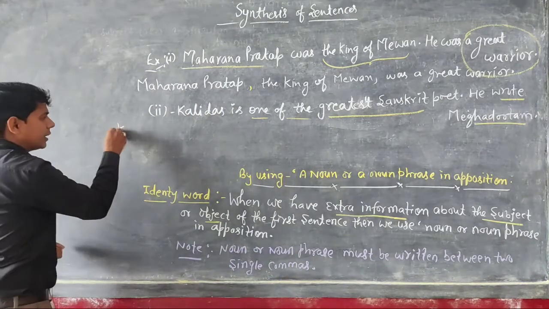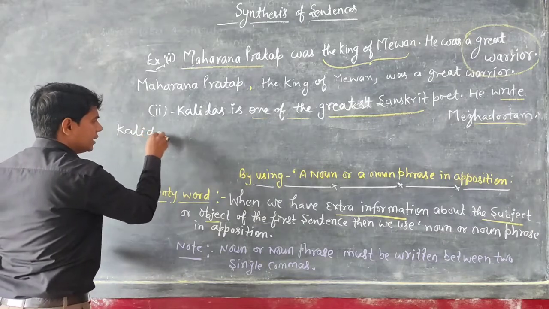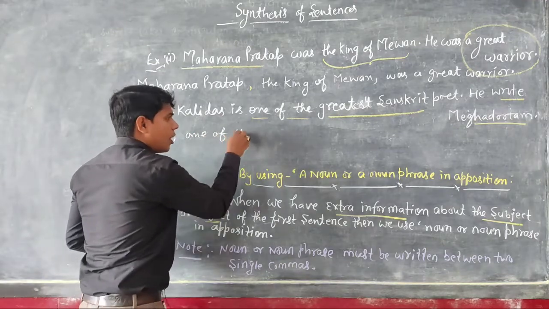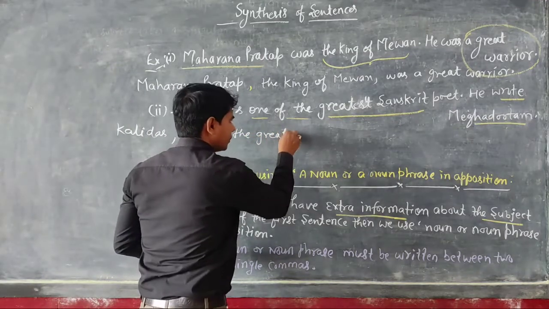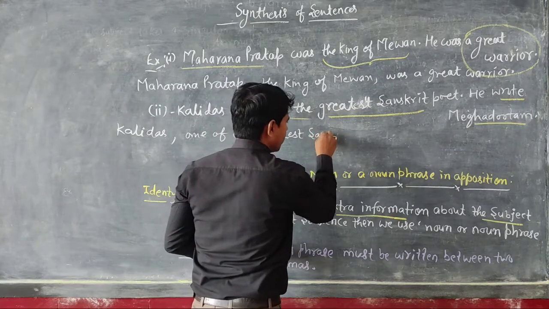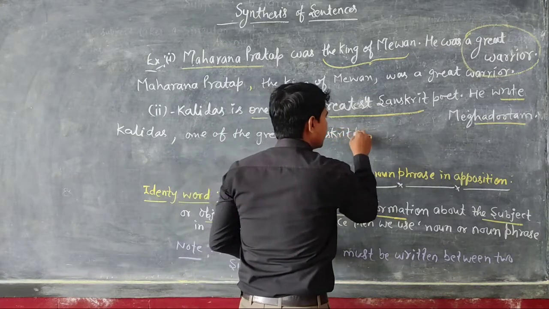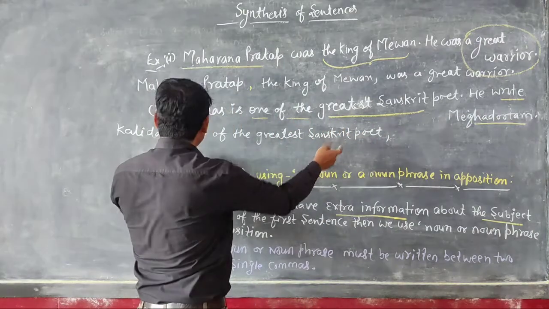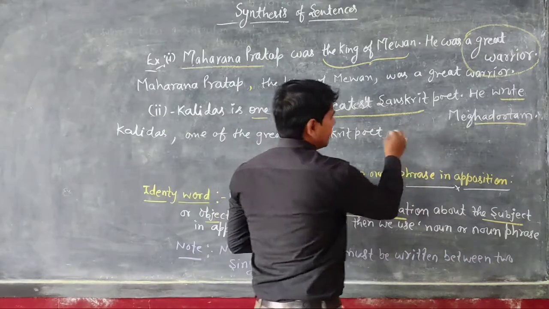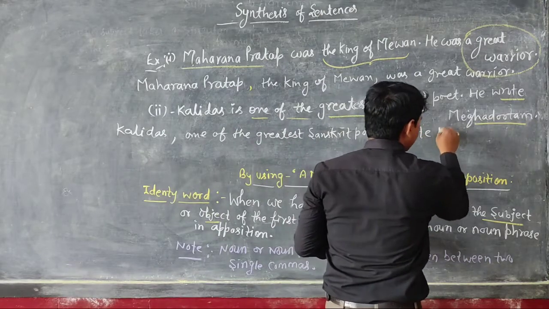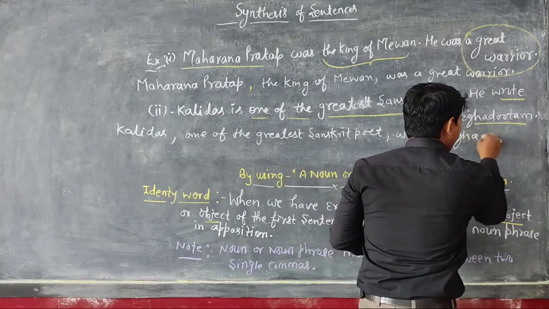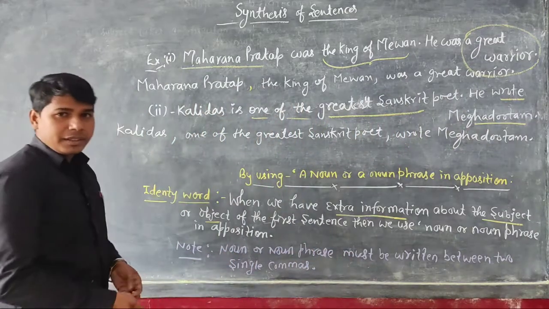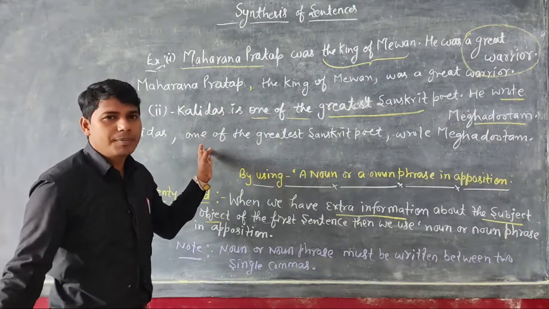First you will mention the head noun, Kalidas, put a comma, and after that put the noun phrase, one of the greatest Sanskrit poets. Put a comma again, because the noun phrase or noun must be in two single commas. And after that, wrote Meghdootam.